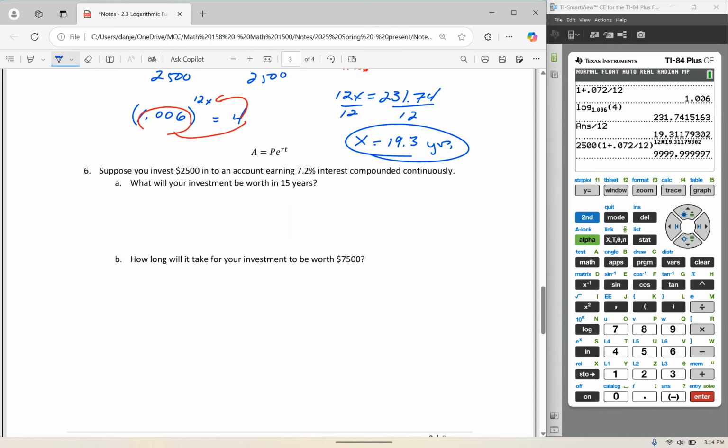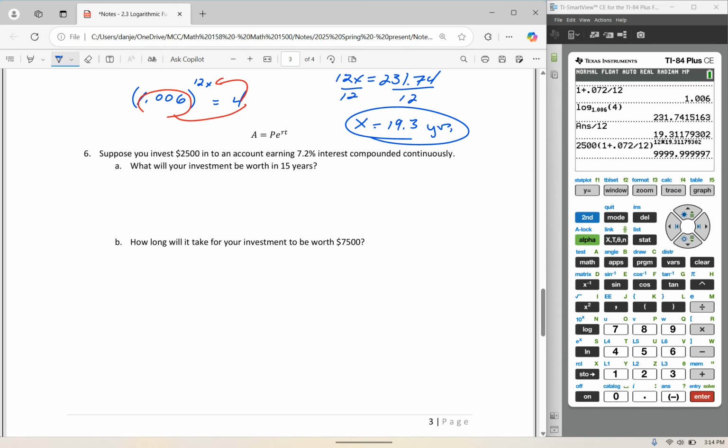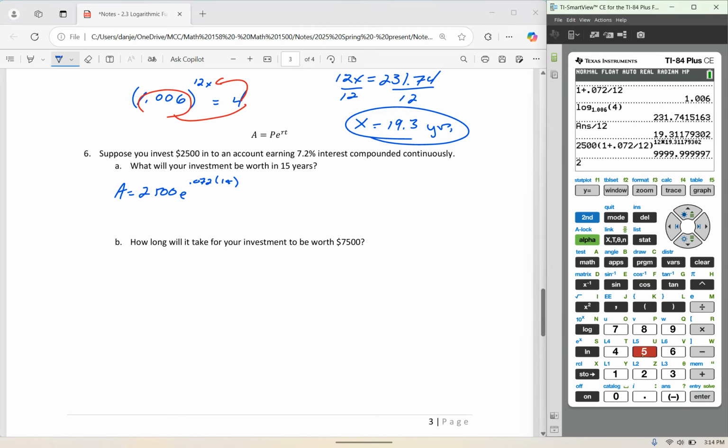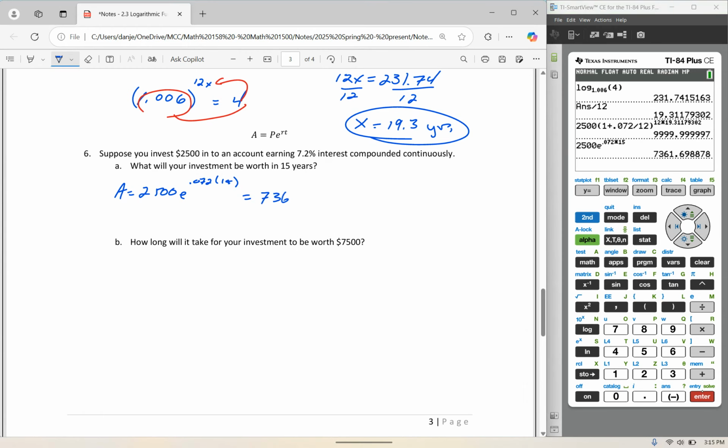Number 6, again, we did this problem last time in the previous video. A equals my $2,500 investment times e to the 0.072 times 15, because my interest is compounded continuously, and we got 7,261.70.